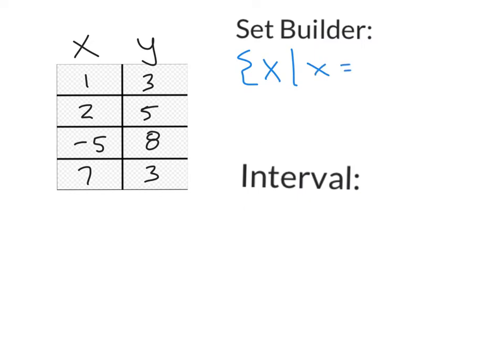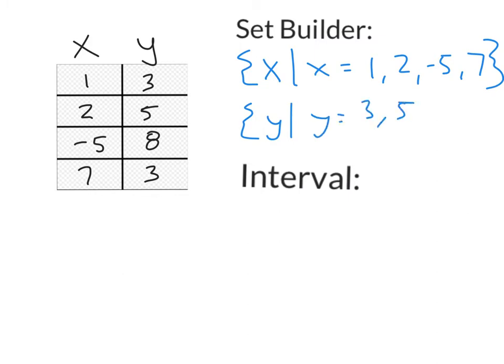So x could be 1, 2, -5, or 7. And similarly, when we're doing the range, we're going to look at the y values, and y can be equal to 3, 5, or 8. Right? So we don't need to repeat the 3 because we already have it. So there we have this in set builder.